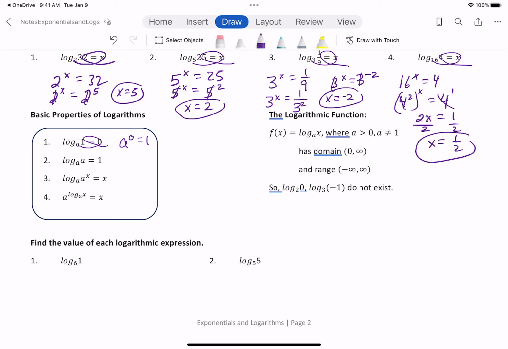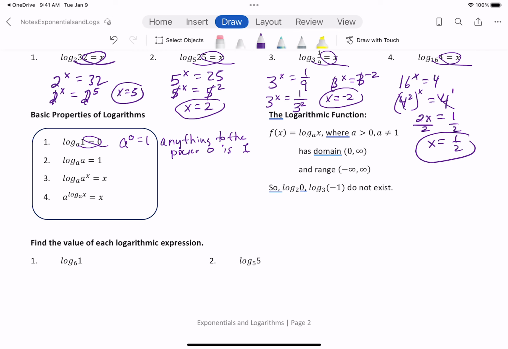And we have previously learned that anything to the power 0 is 1. That's one of those exponent rules from a long time ago.